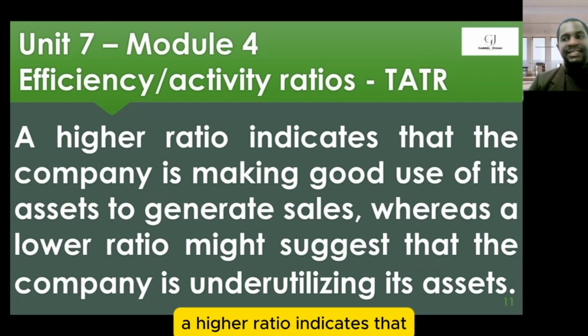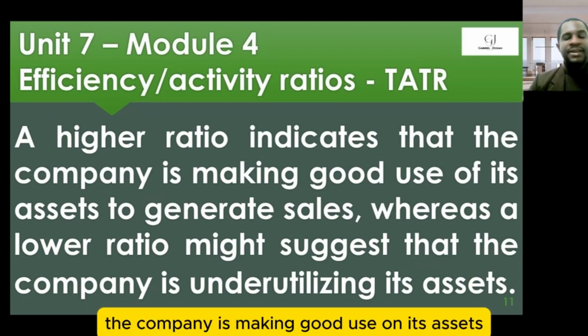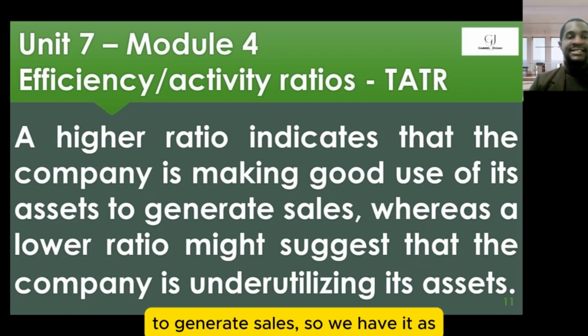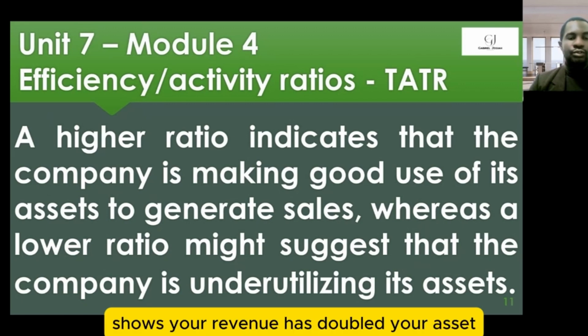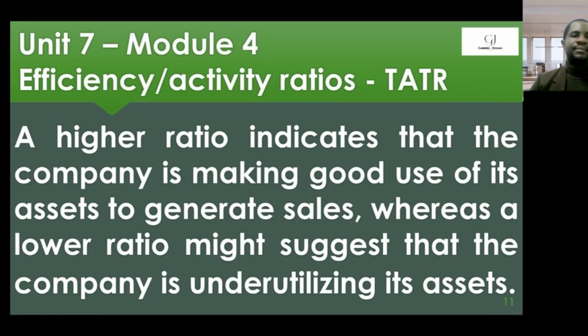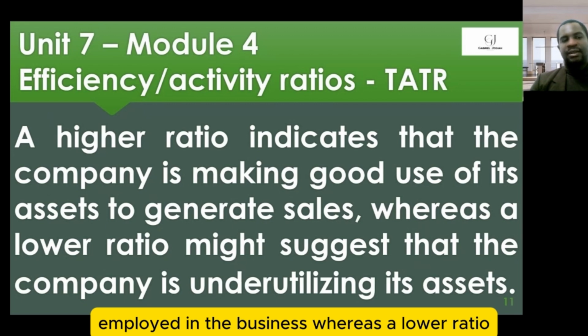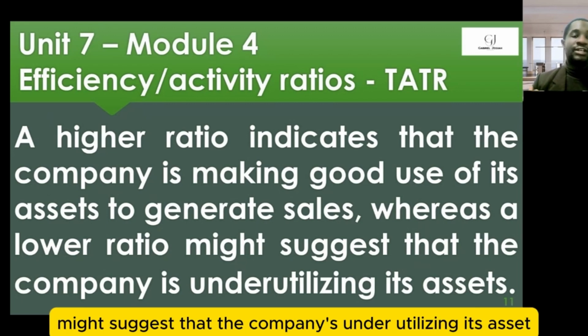The higher ratio indicates that the company is making good use of its assets to generate sales. So we have it as 1 time. If you have it as 2 times, it shows your revenue has doubled your asset employed in the business. Whereas a lower ratio might suggest that the company is underutilizing its asset.